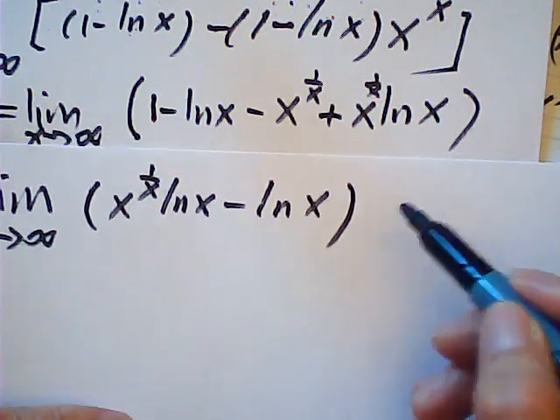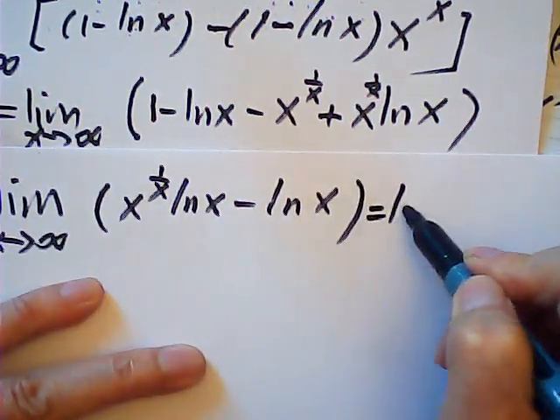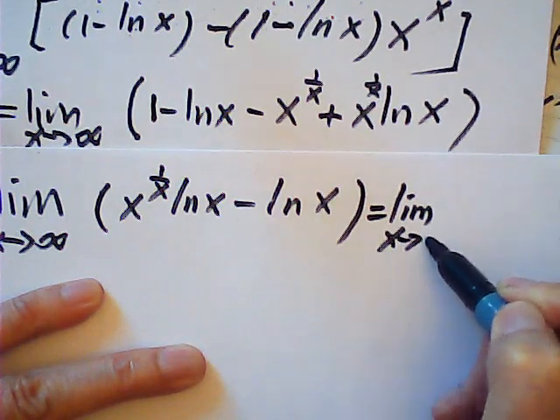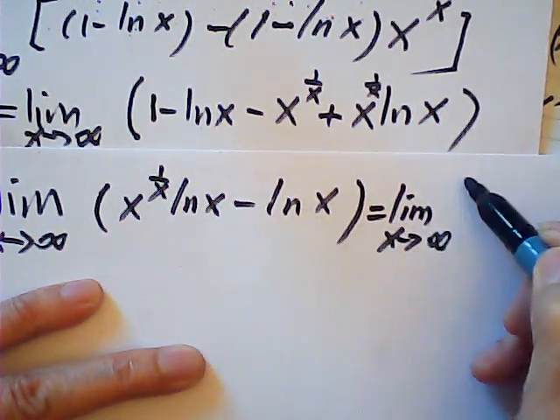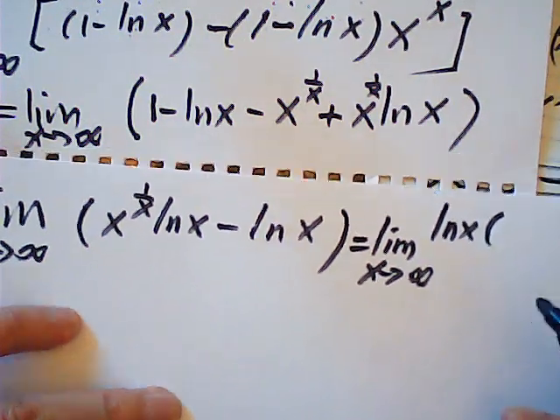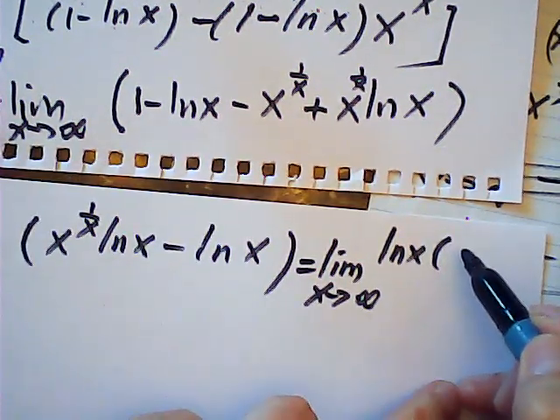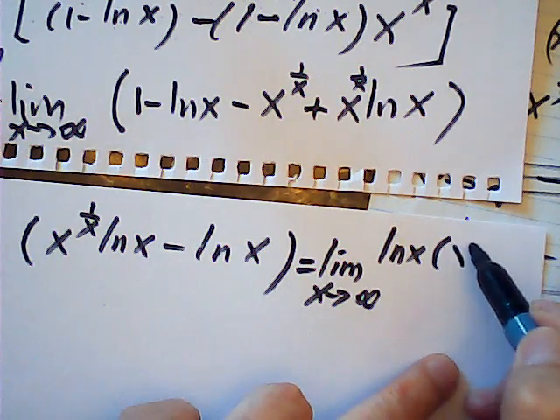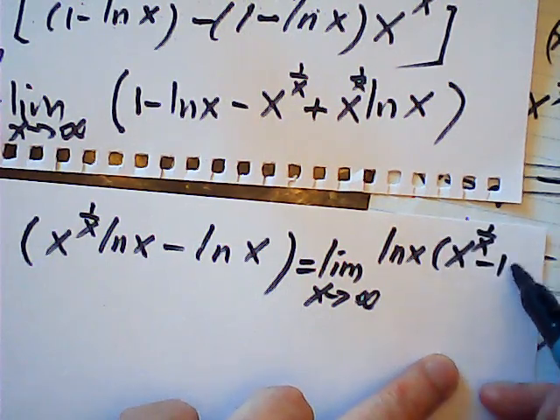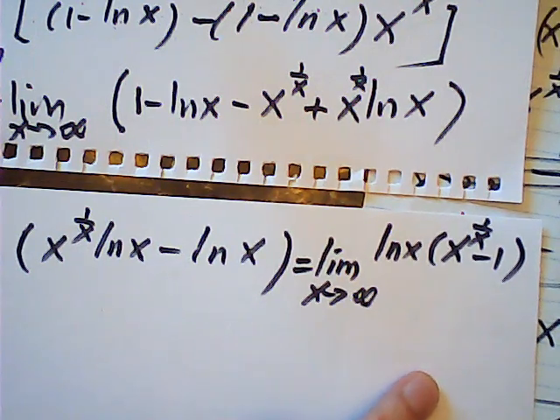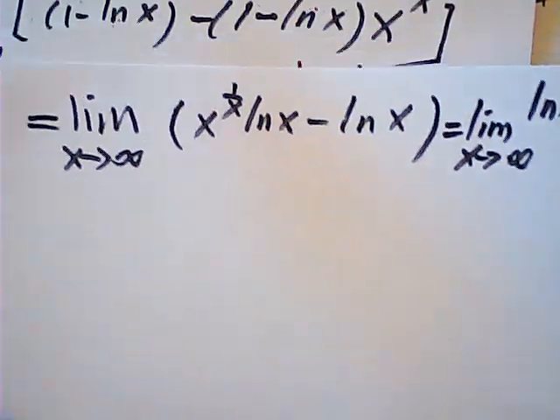Then what? Then this is equal to the limit as x goes to infinity. You have a common factor log x and x to the power 1 over x minus 1. Okay, good.